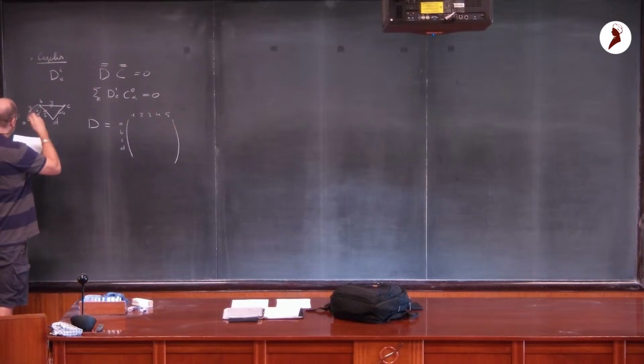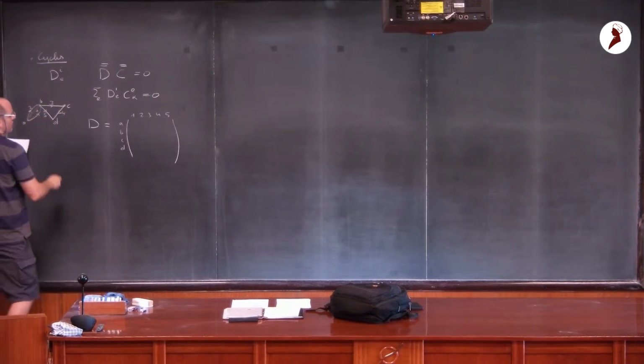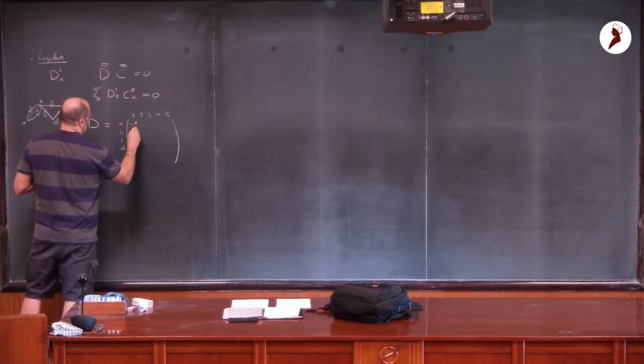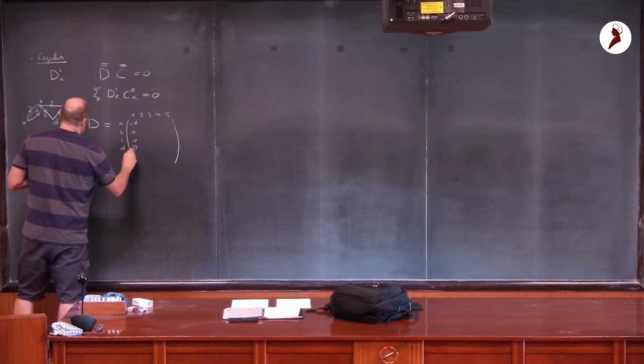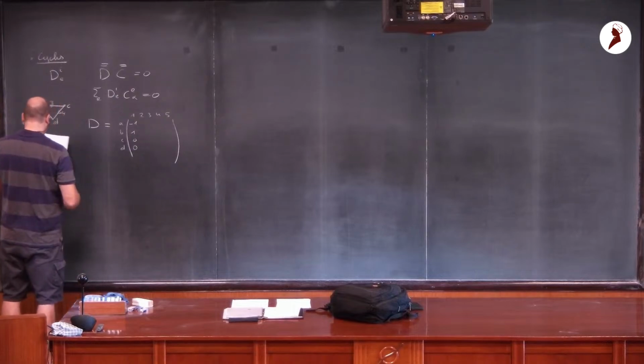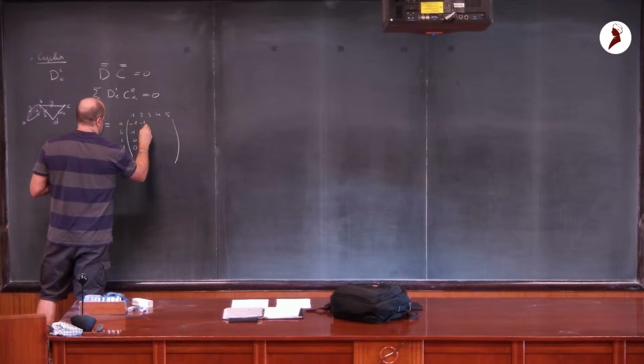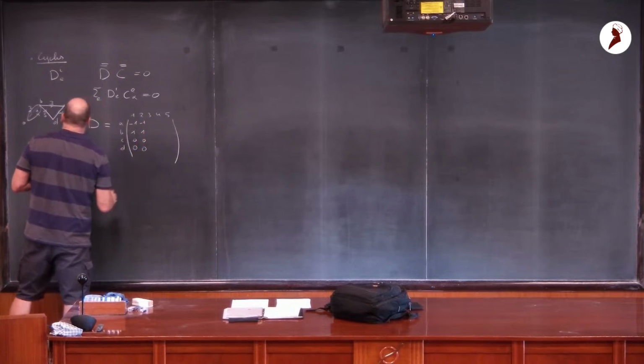So let's look at the first edge. The first edge leaves node A and enters node B. So it's -1, 1, and it doesn't touch the other nodes. Let's do edge 2. Edge 2 does exactly the same thing, -1, 1, 0, 0.